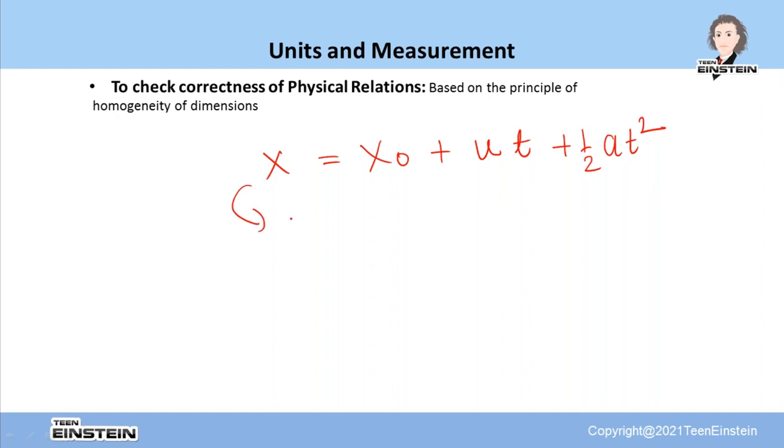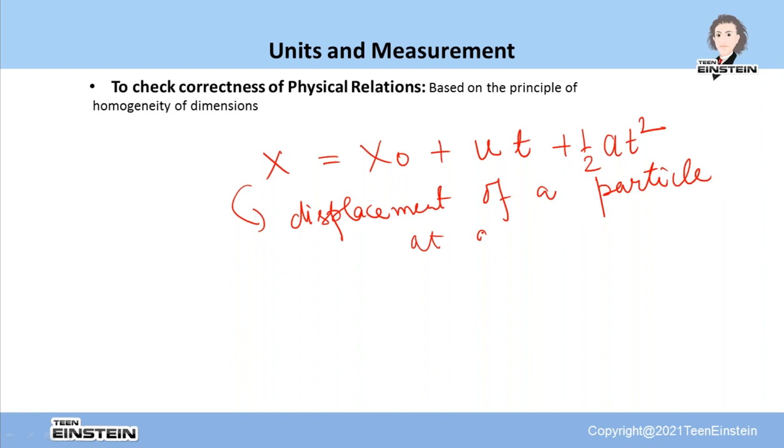The time square will give you the displacement of a particle at any time t. Okay, this is the equation. It will give you the displacement of any particle at any instant of time, or after an interval of time also it can give.